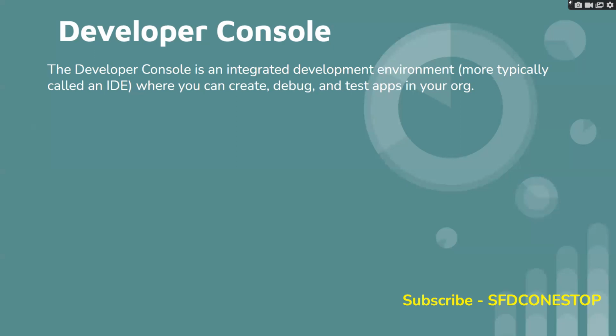They can easily write their code. They can directly do some debug analysis and search for any specific component. All of this can be done easily using the user interface available on the Developer Console. So that makes it a one-stop solution for our developers or system admins.